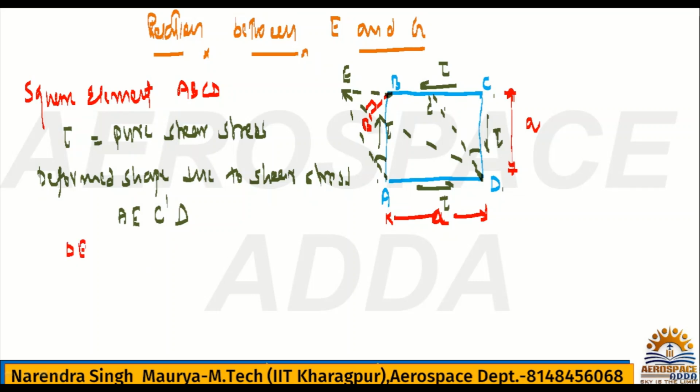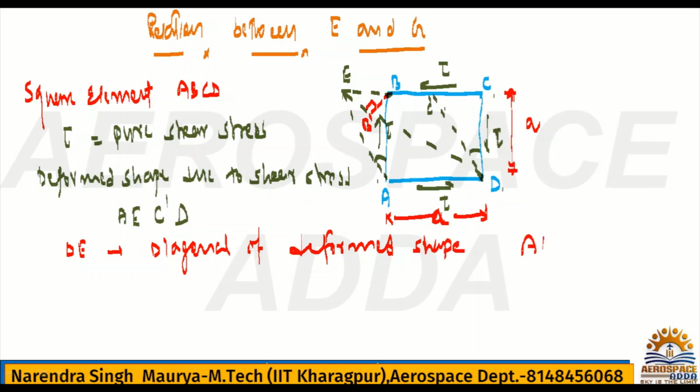DE is nothing but the diagonal of the deformed shape A E C dash D. For the deformed shape, what is the diagonal? It is DE. So on DE we have drawn one perpendicular, which is nothing but BB dash.